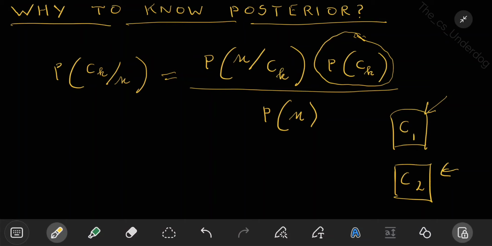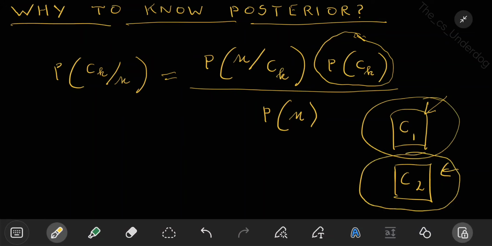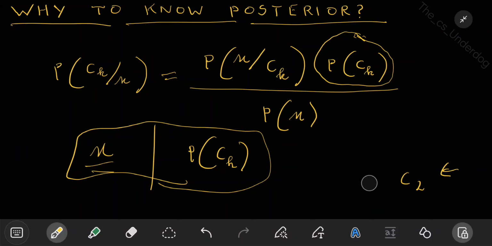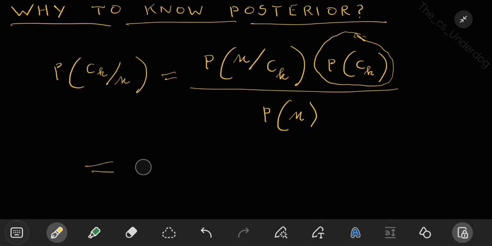In the same way, if you make a slight mistake in choosing the prior, seeing your actual data can also compensate a bit. So the posterior brings in these two components, the observed data X and the prior P of Ck, which combined provide positive outcomes when used for a classification problem. This is what the posterior brings you.